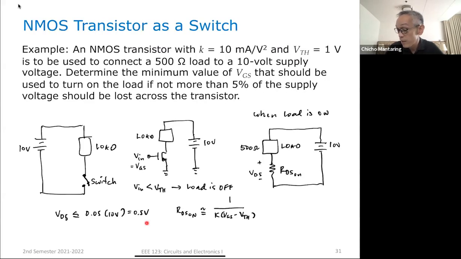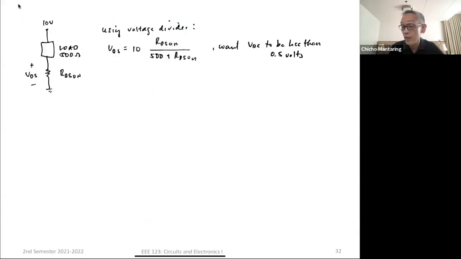So in effect, 10 RDS on over 500 plus RDS on should be less than 0.5. If I compute for RDS on, it should be less than 500 over 19 ohms.